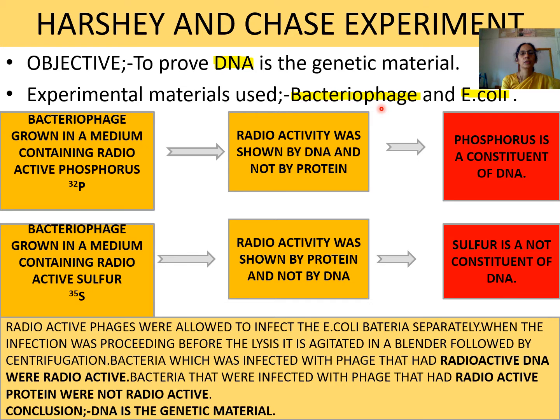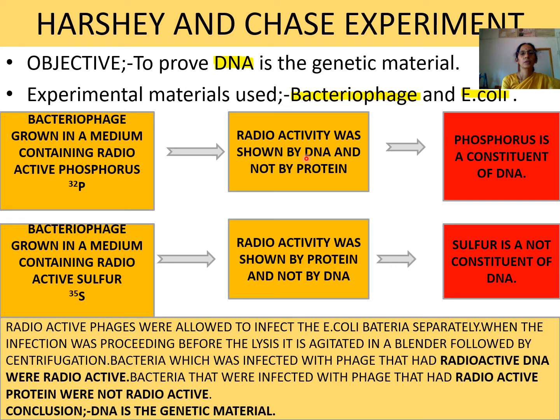Why have they selected bacteriophage? Because it has only two macromolecules. One is protein, another one is DNA. So among the two, it is very easy to find out which one is the genetic material.